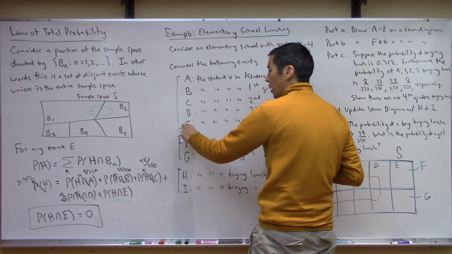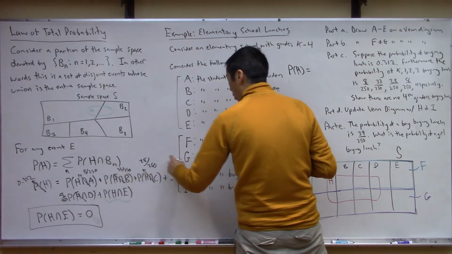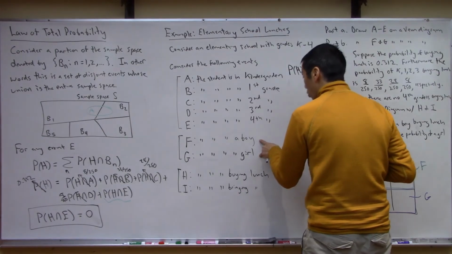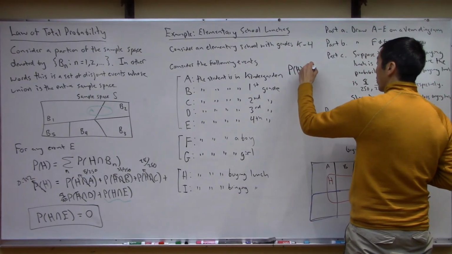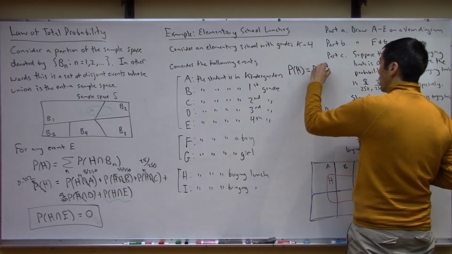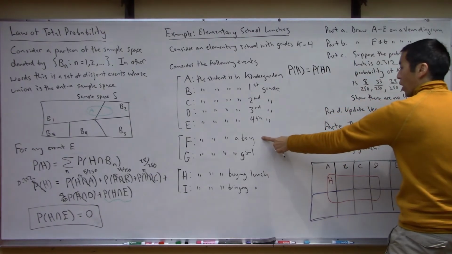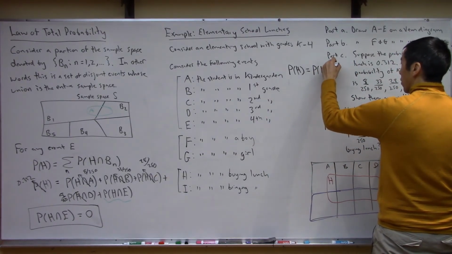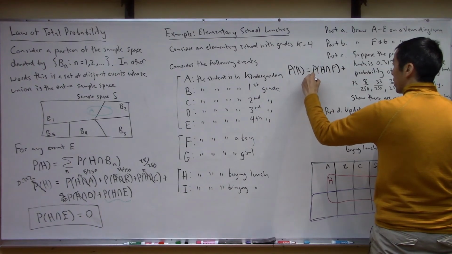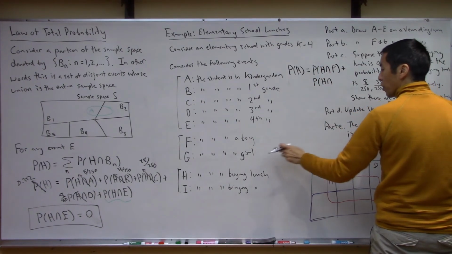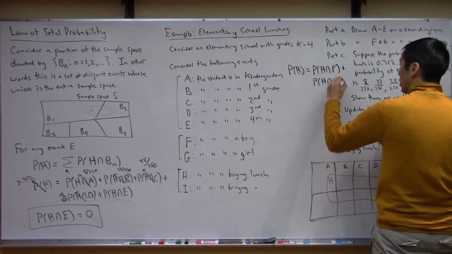But now let's break this up over the partition of boys versus girls. In other words, you could write this as the probability of H intersected with the boys, which was event F, plus the probability of H intersected with a girl, which is event G.